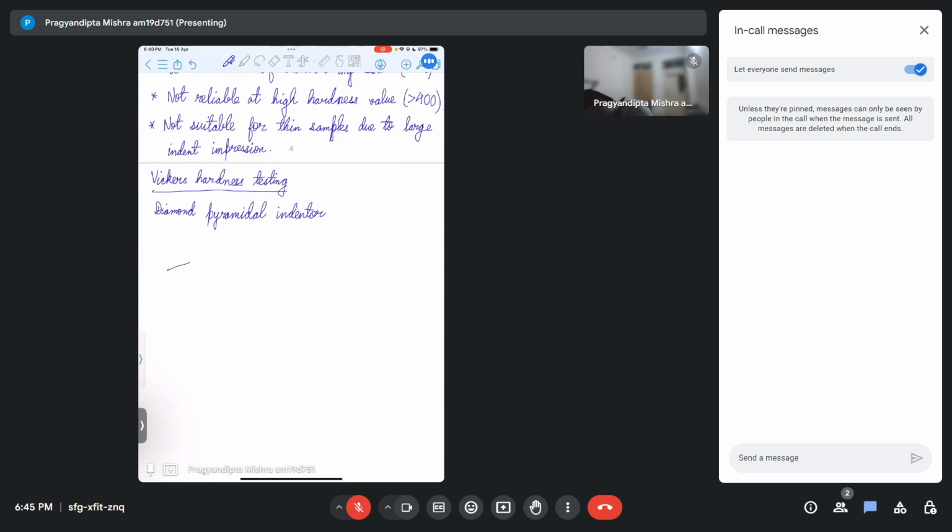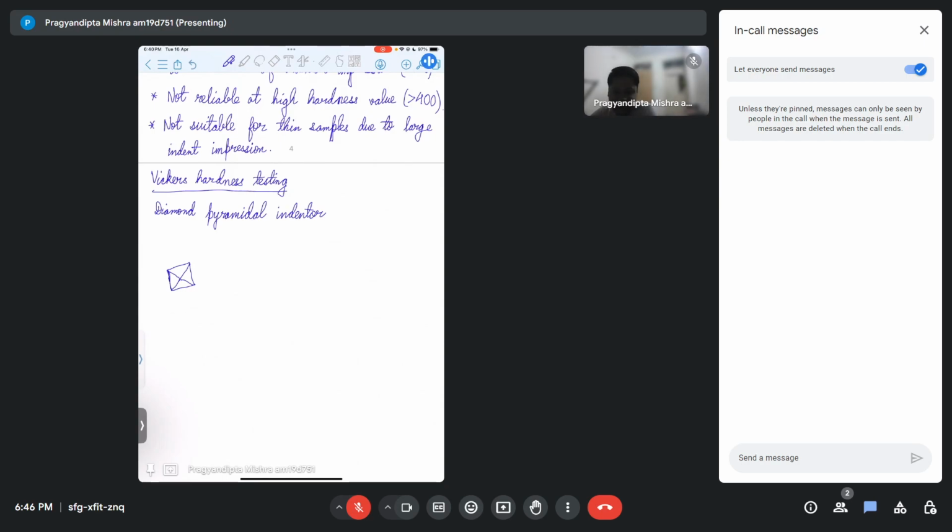Initially, I'll apply a minor load to the sample. So some depth it will go in, and we'll measure that depth.